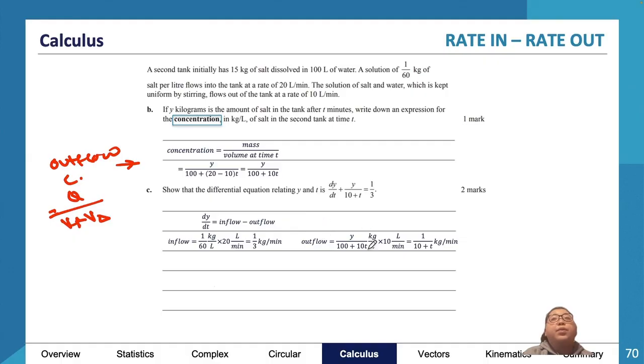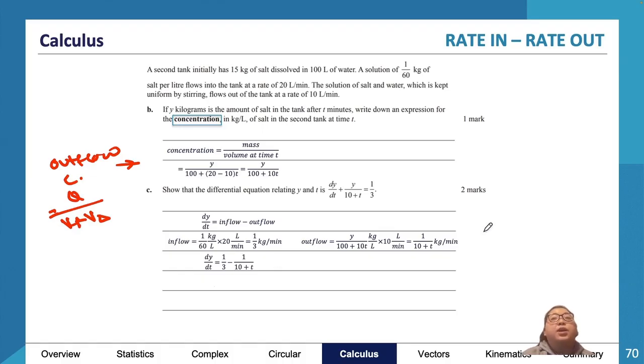Then for the outflow, we already know the concentration of the outflow, which is y over 100 plus 10t. We multiply that by the outflow rate of 10 to give us the mass flowing out, which is y over 10 plus t, because the 100 plus 10t kind of cancels with the 10. Then we put that all together: 1/3 minus y over 10 plus t.